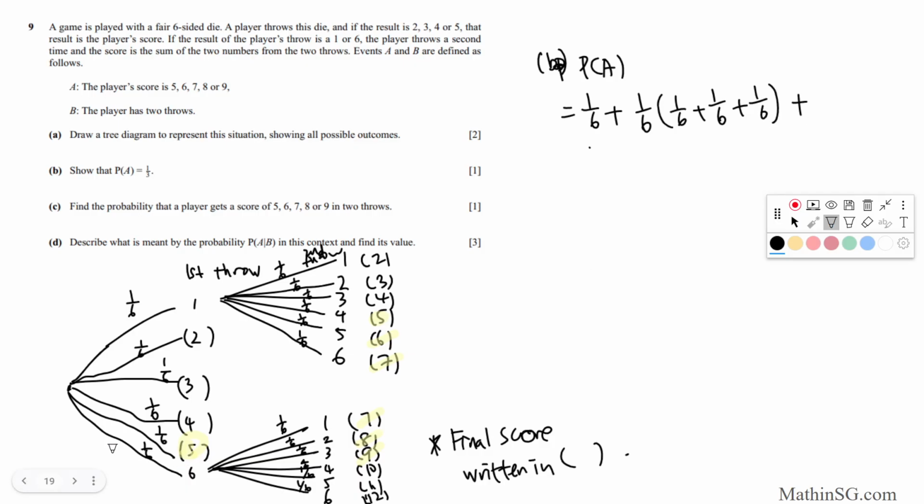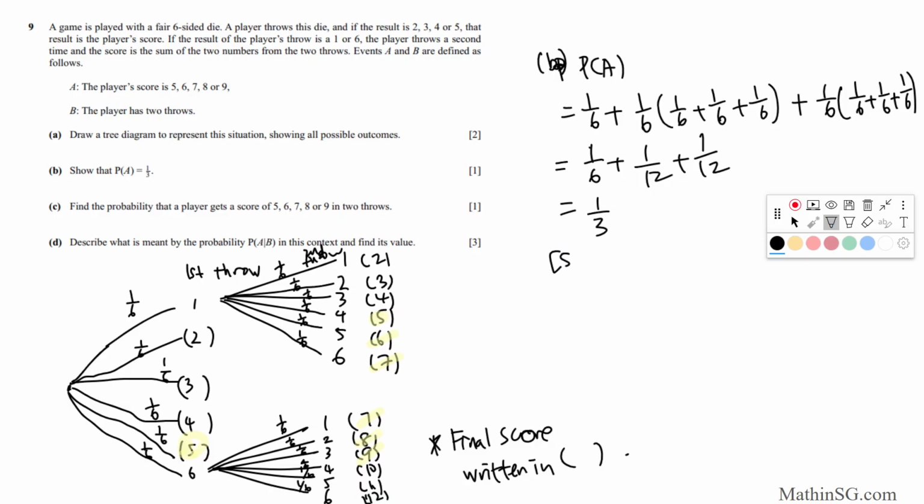Or you throw a 6 in the first round, and you throw a 1, 2, or 3 in the second round. So if you sum this out, this is 1 over 6. This one is actually 1 over 12 plus 1 over 12. So you actually get 1/3. So it's shown.